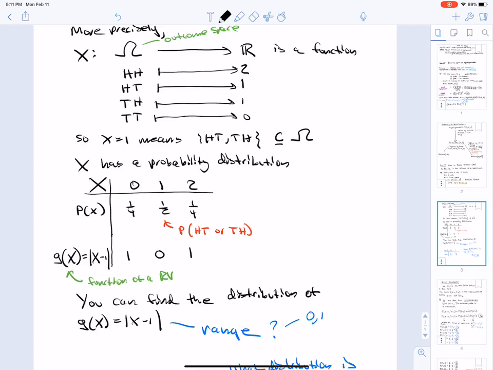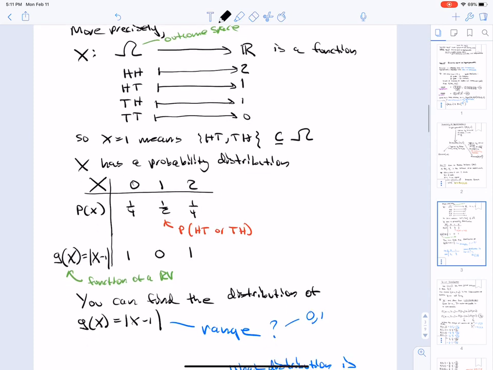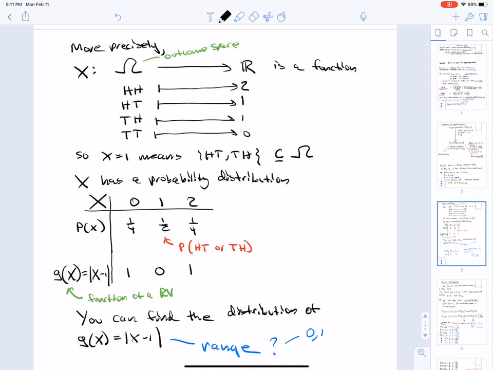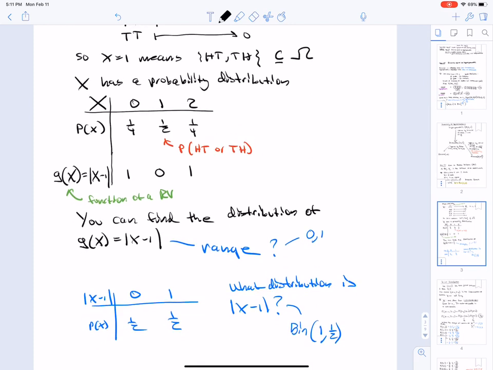And just to mix things up, we can define a function of X, which will be another random variable. You could call it Y if you want, or g of X. Let's say that's the absolute value of X minus 1. So X here is still the number of heads, and I'm not going to interpret some practical application of this, but I just wanted to show that you could define some function of a random variable. So here you can see that it takes values 0 and 1, and you can find its distribution.